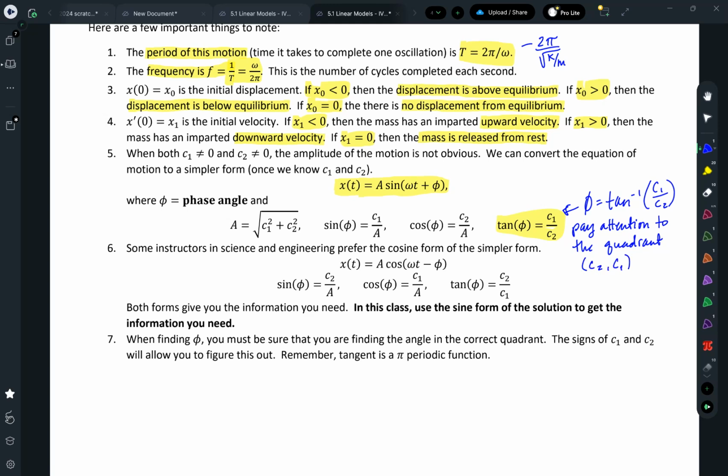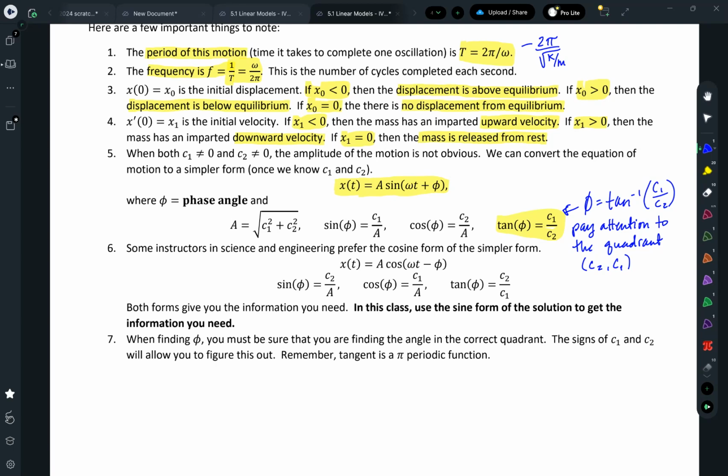C2, it looks like, is corresponding kind of with the X value, and C1 is corresponding with the Y value, because sine corresponds with Y, cosine corresponds with X, okay? And we also know that when we are looking at tangent, the ratio that we get is the opposite over the adjacent, or in other words, the sine value or the Y value over the X value.